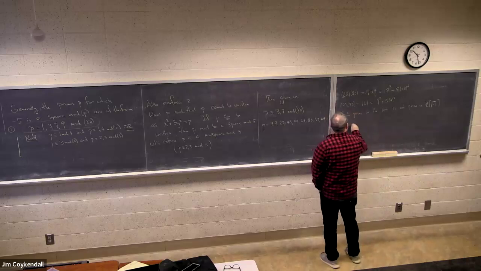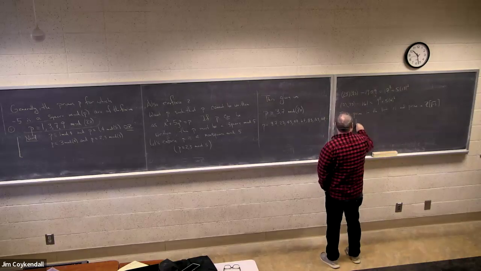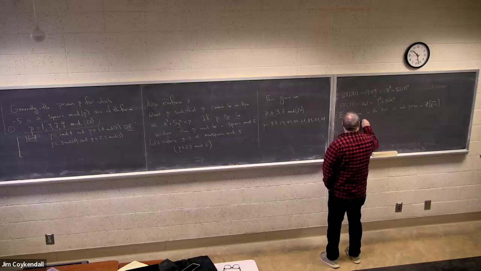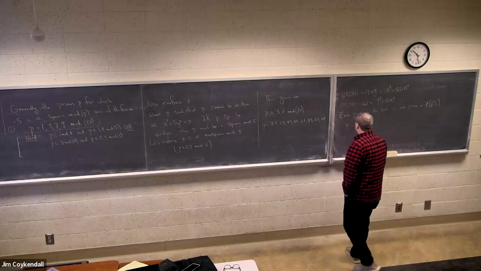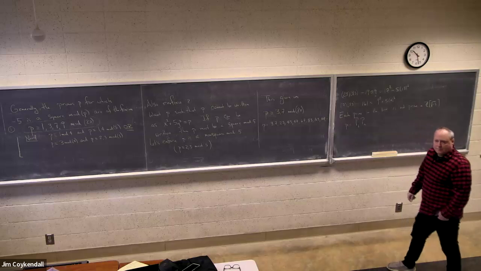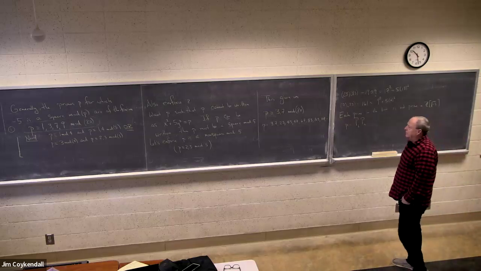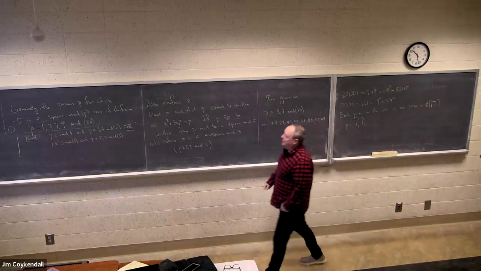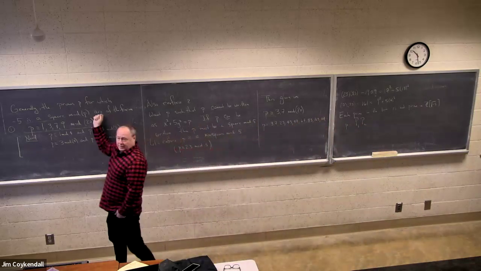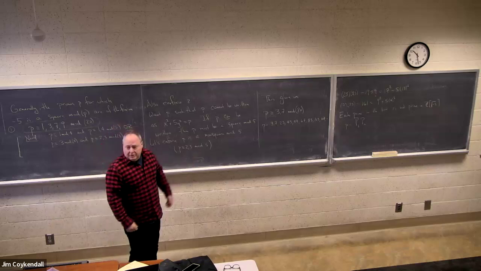So P actually factors into two ideals. Why does it fail to be prime? Because of these conditions right here, the two conditions here.